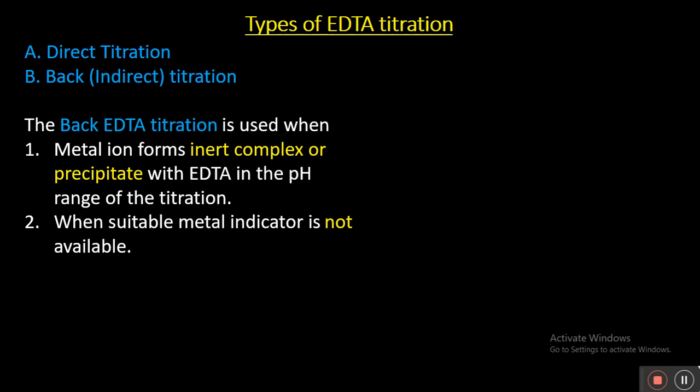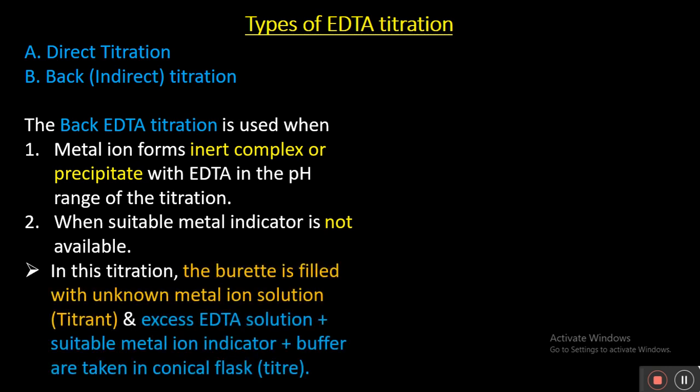This back titration is also used when a suitable metal indicator is not available. In this titration, the burette is filled with unknown metal ion solution as a titrant. In the previous case, the direct case, the burette was filled with the EDTA solution. In back titration, the reverse is done: the burette is filled with unknown metal ion solution, and this acts as a titrant.